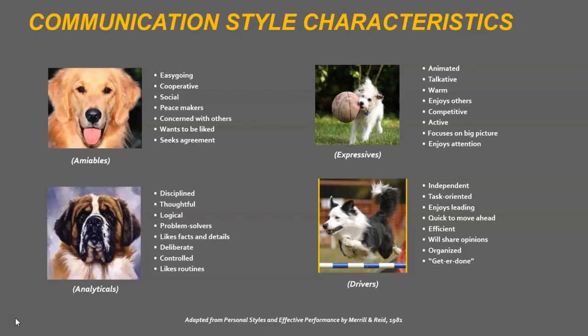Going down from there to analyticals, this type of person, I think of math and accounting. I mean, this could be you, and you could be like, I hate those. But very thoughtful, definitely problem solvers, like facts, details, routines, is going to take longer to make decisions because needs all of the information.